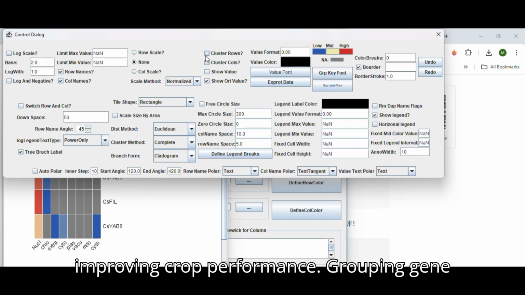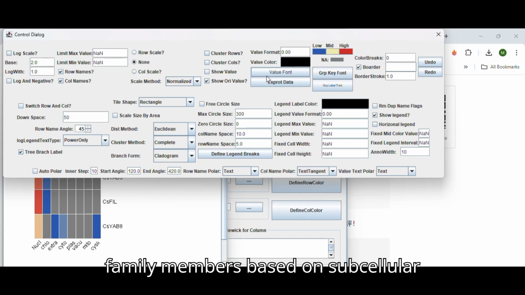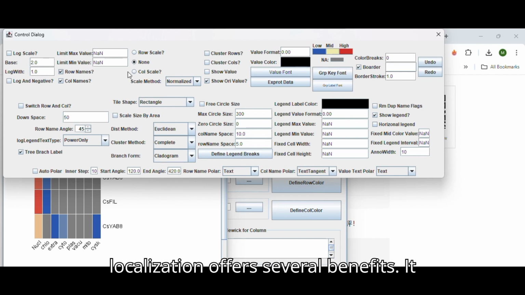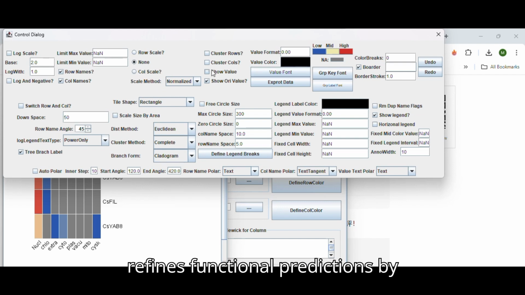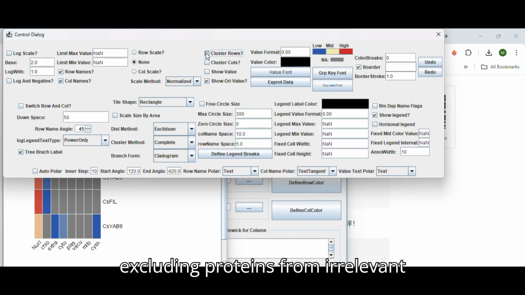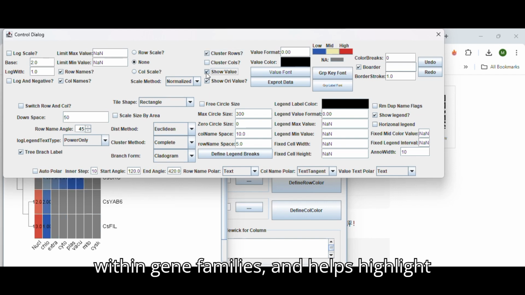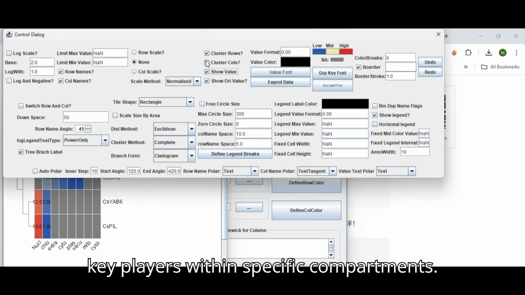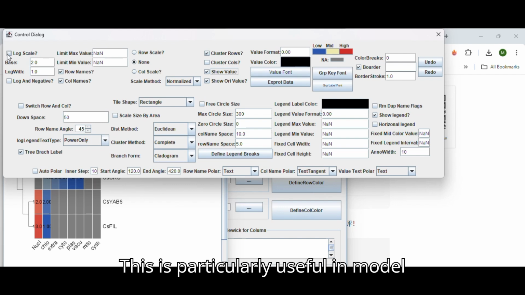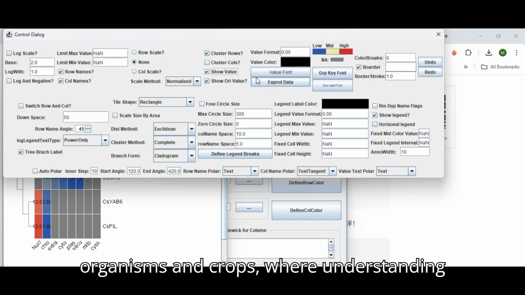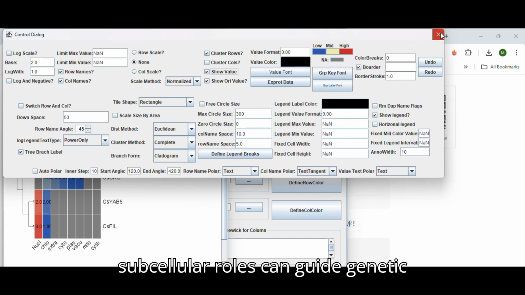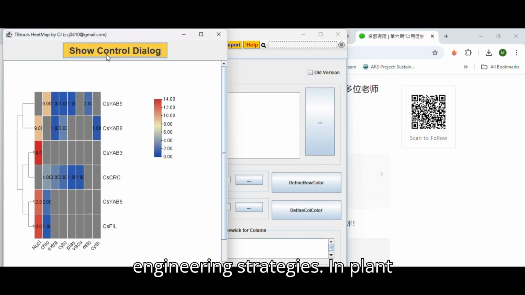Grouping gene family members based on subcellular localization offers several benefits. It refines functional predictions by excluding proteins from irrelevant pathways, identifies redundancy within gene families, and helps highlight key players within specific compartments. This is particularly useful in model organisms and crops, where understanding subcellular roles can guide genetic engineering strategies.